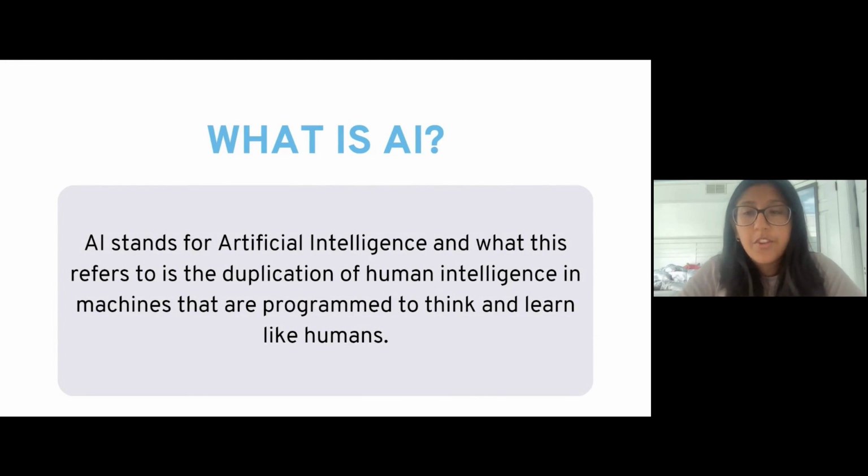Okay, so the first question we should all be asking is what exactly is AI? AI stands for artificial intelligence, and it refers to the duplication of human intelligence in machines that are programmed to think and learn like humans.